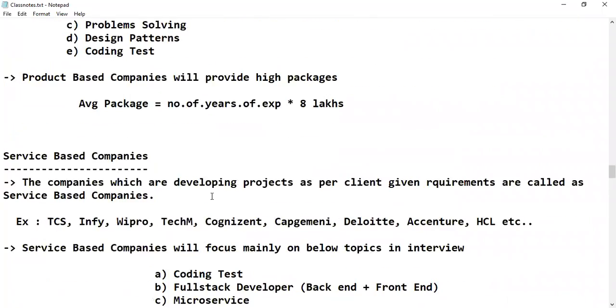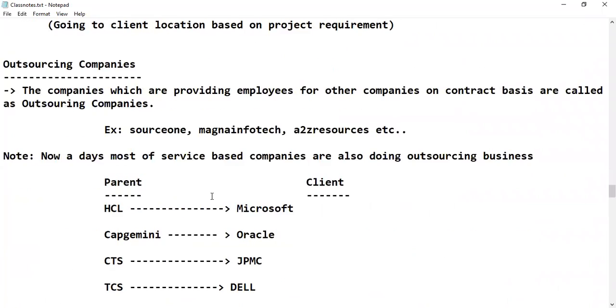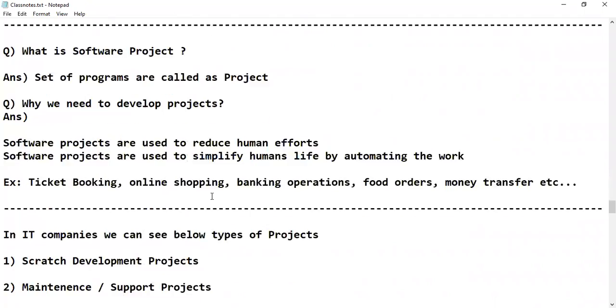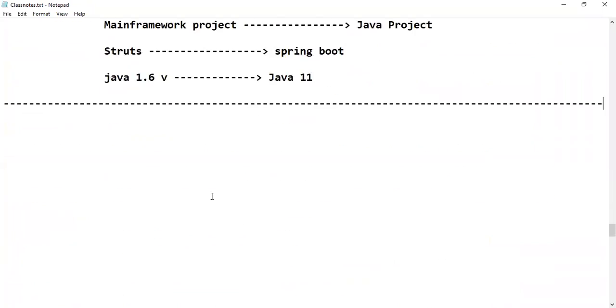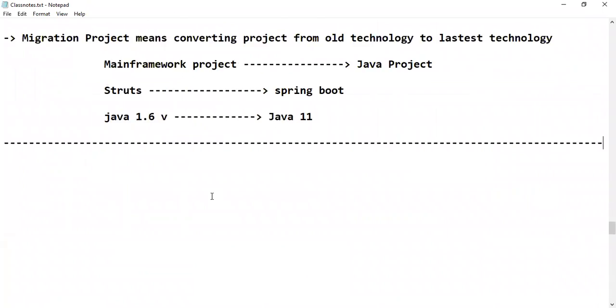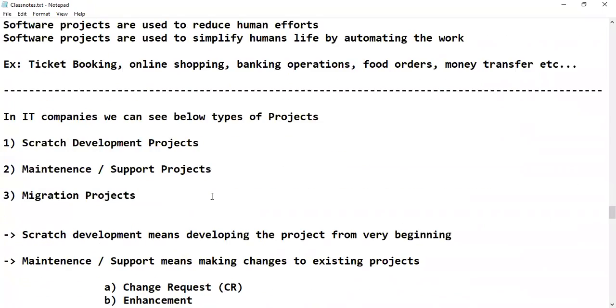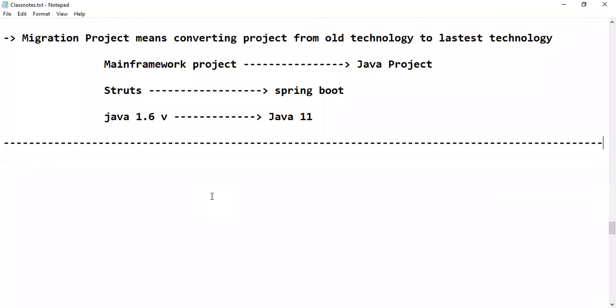Tomorrow I want to talk about types of jobs in the company. What is a permanent job? What is a contract job in the company? What is on-site? What is off-site? I will talk in more detail about the software industry, like types of jobs, what is a permanent job and what is a contract job.